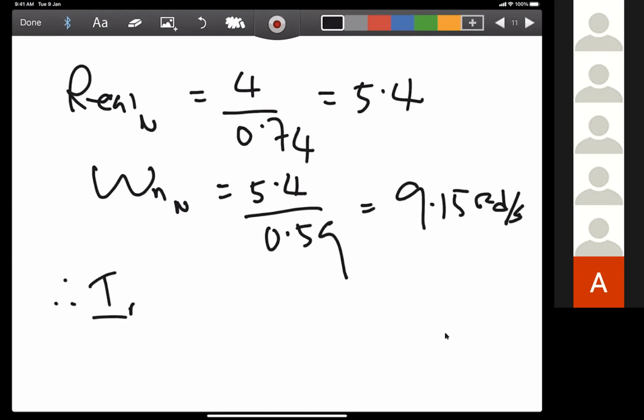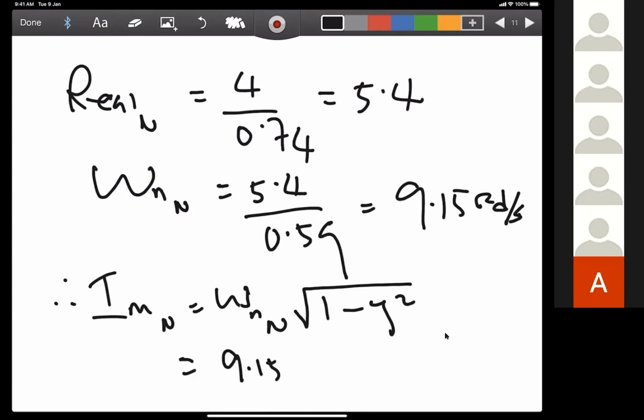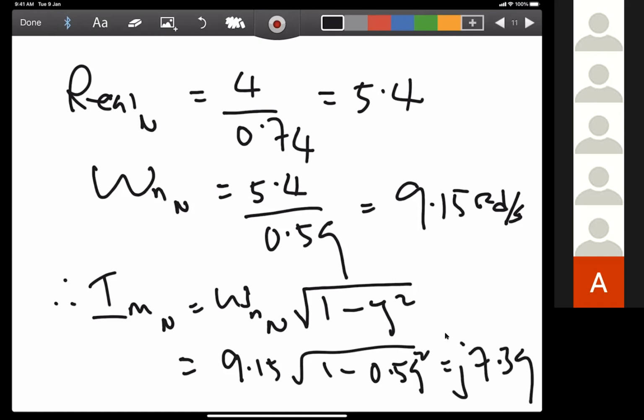And then the new imaginary part will be omega n new times square root of 1 minus zeta squared. So the new value is 9.15 times square root of 1 minus 0.59 squared, j 7.39. Okay.